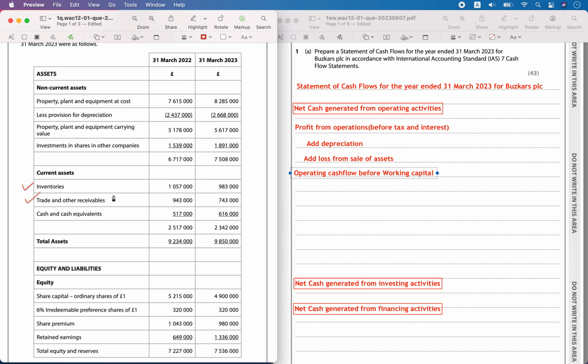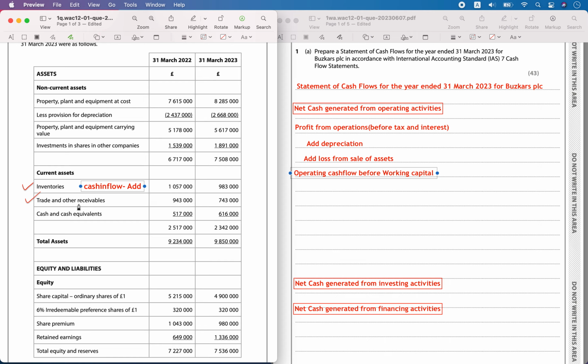Now let's look at what has happened to the changes. For example, here the inventory has reduced, which means I have sold off my asset, so a cash inflow might have happened. Any cash inflow you will add, and any cash outflow you will subtract.